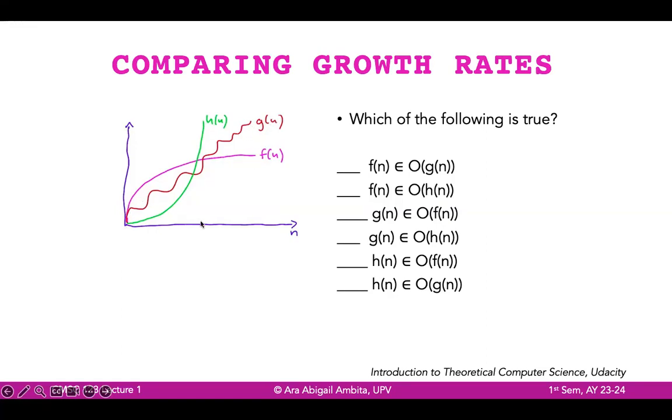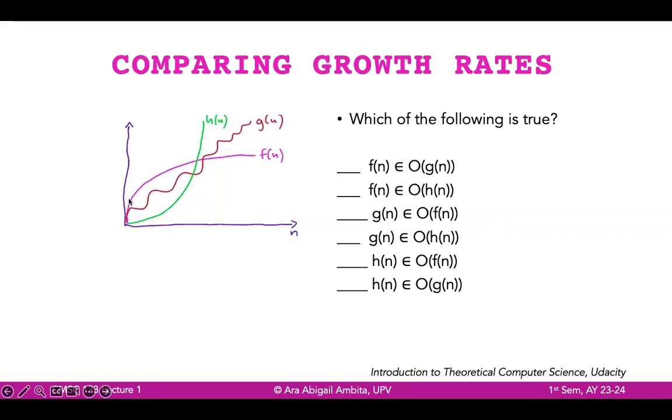So the x-axis is the n, and you can see that the n is growing bigger, or this is the input size, and the y-axis, that will be your running time. So you can see essentially what these graphs are showing are the growth rates of a certain function, or the running time of each function, as we increase the input size.